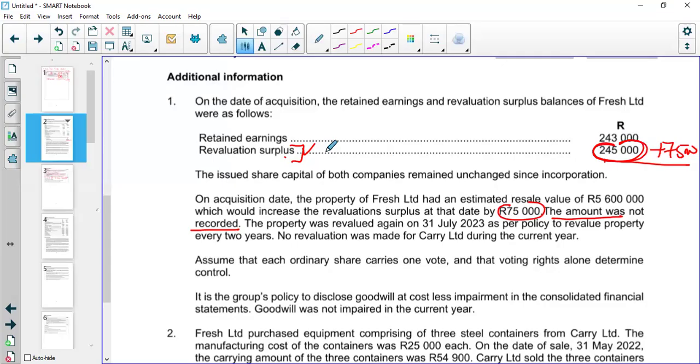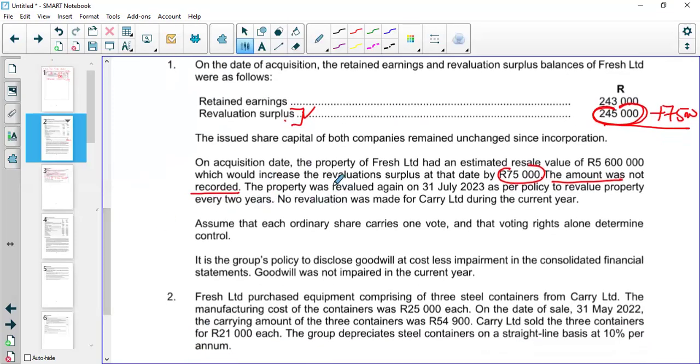So let's explain that. During the current year, the property was revalued again, right at the end. So which means that, because this was not recorded, the subsidiary revaluation surplus remained at 245. Right.